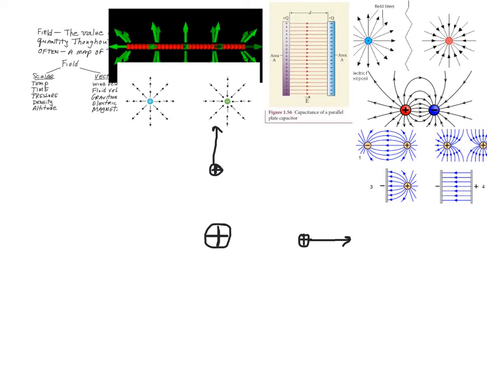And if I put the test charge so it's twice as far away, the force is going to be 1/4, right? Coulomb's law. And so I can drag my test charge around and write down all the vectors, right?